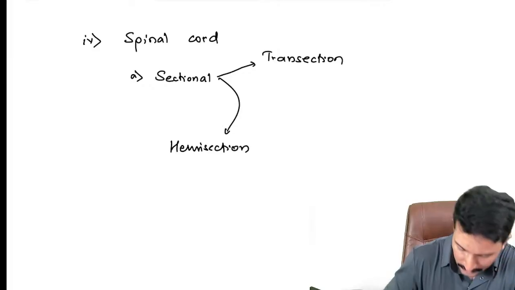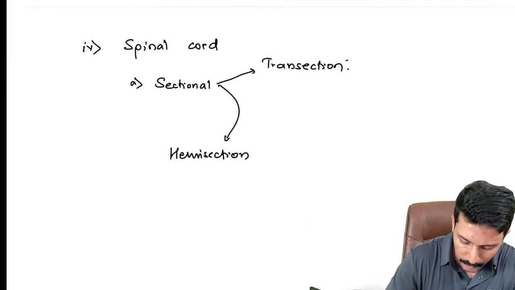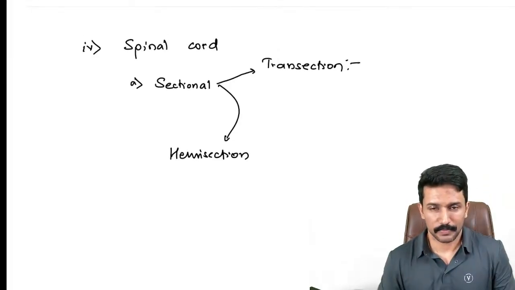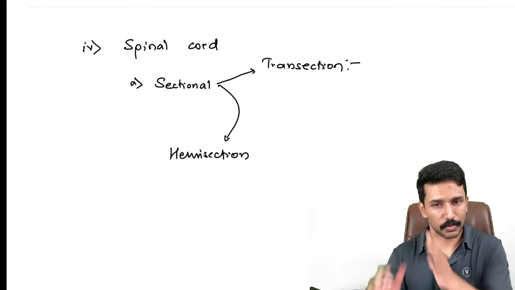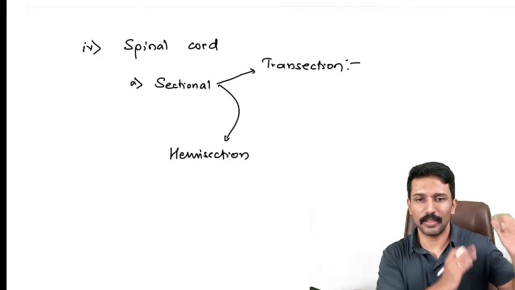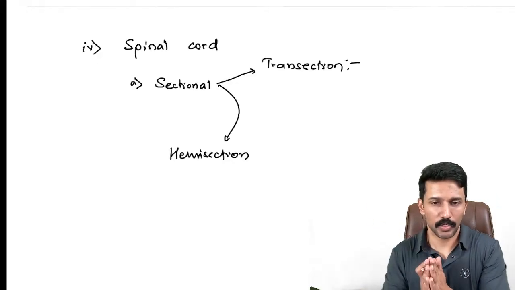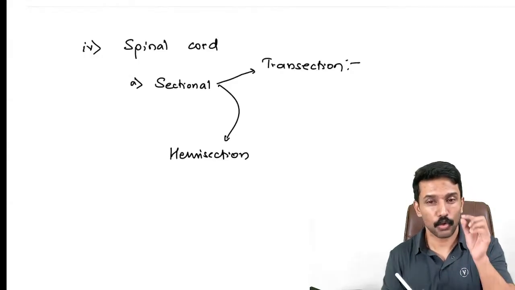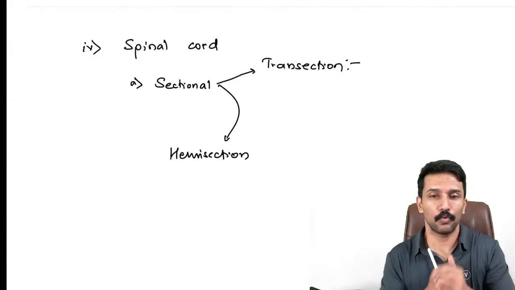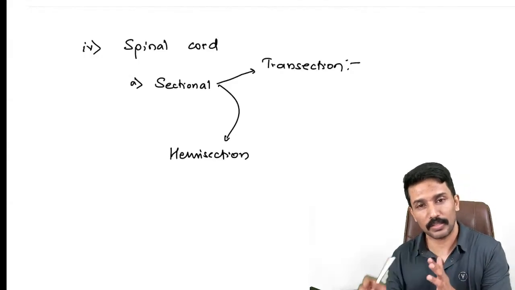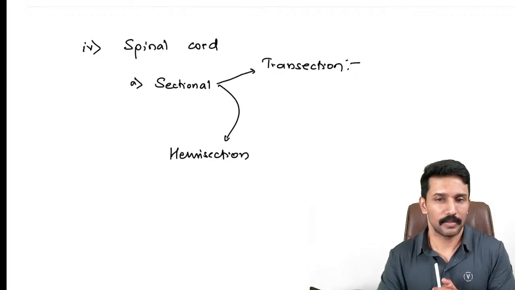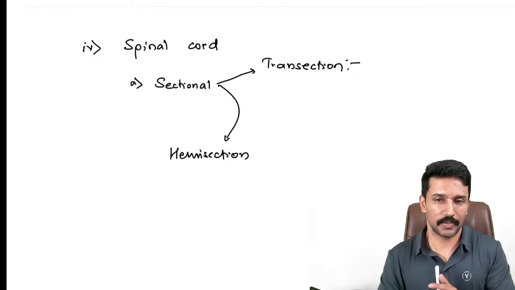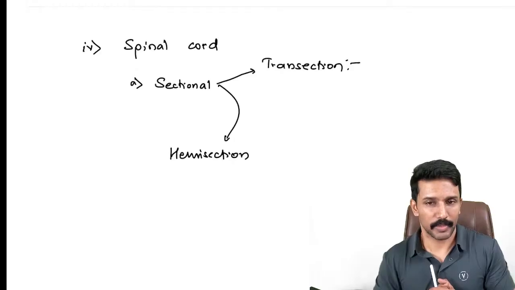How does a patient with complete transection present? Remember, the tracts are crossing somewhere. All the tracts have to cross because right brain has to control left side of the body, left brain has to control right side of the body. Majority of the tracts are crossing at the lower end of the medulla except one, which is crossing at the spinal cord itself. That is your pain and temperature tract, which is called lateral spinothalamic tract.